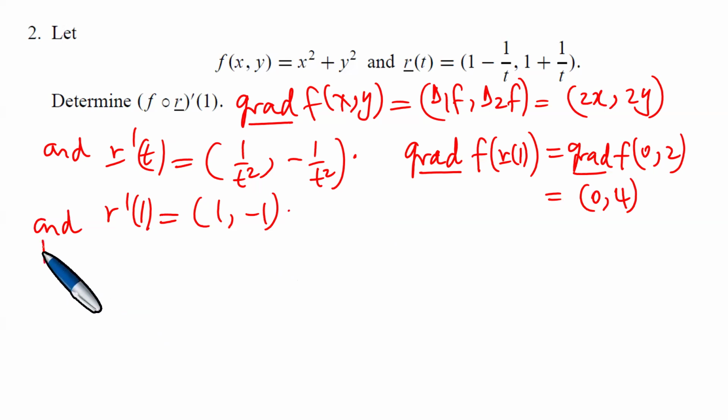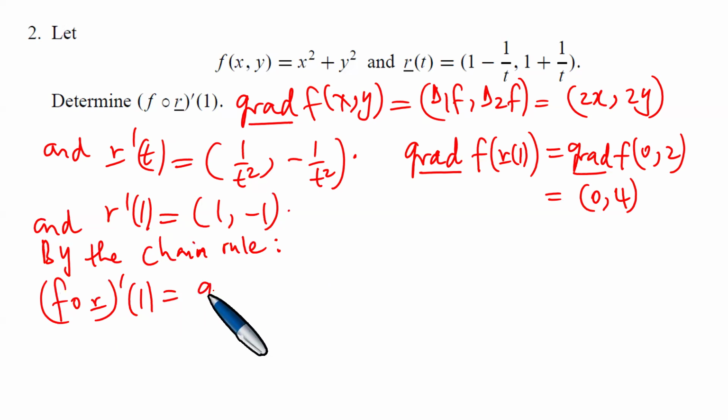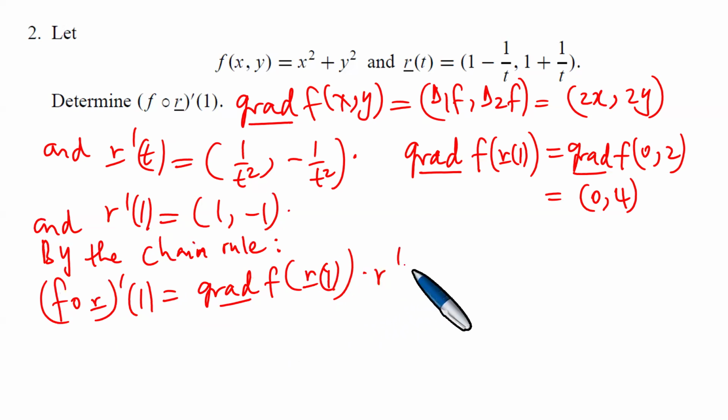Moreover, by the chain rule, we would have the composition of this at 1, which is the gradient of f at r of 1, times r primed at 1. And therefore the gradient of this would be given by the following.